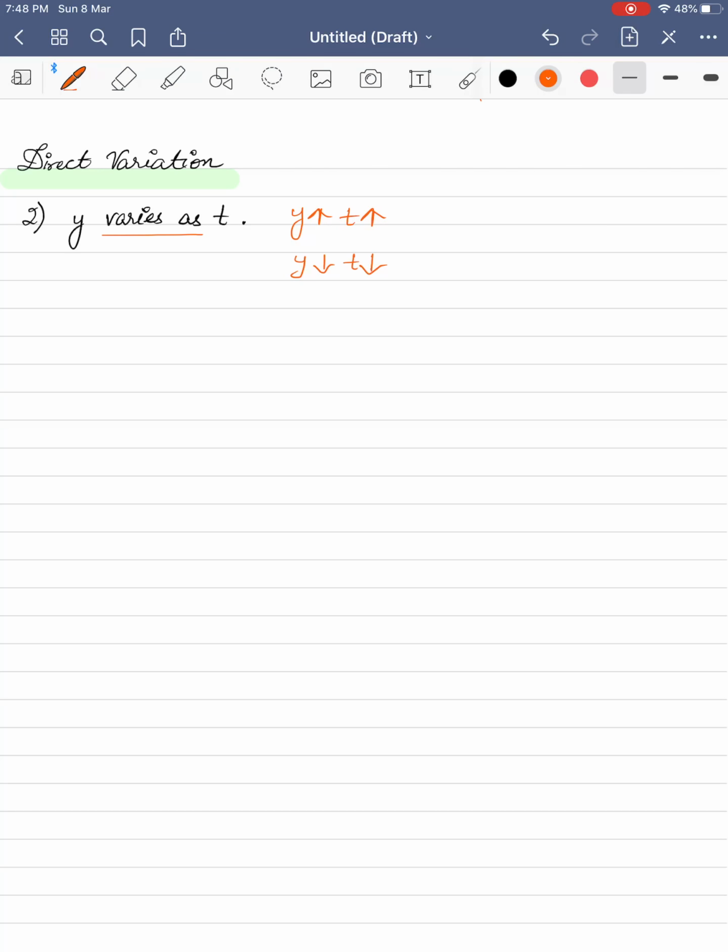The question says, when y is 6, t is equal to 4. So, if we divide y by t, we get 6 divided by 4, which is 3 divided by 2.